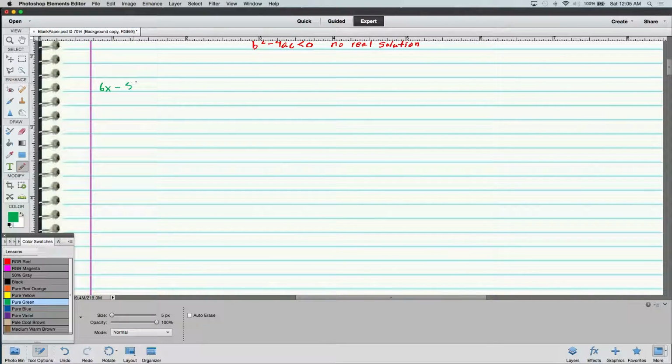6x minus 5 equals 6 over x. Now, starting this problem, much like linear equations, there are a couple things we want to find out before we even start the problem. The first thing is to list any restrictions.